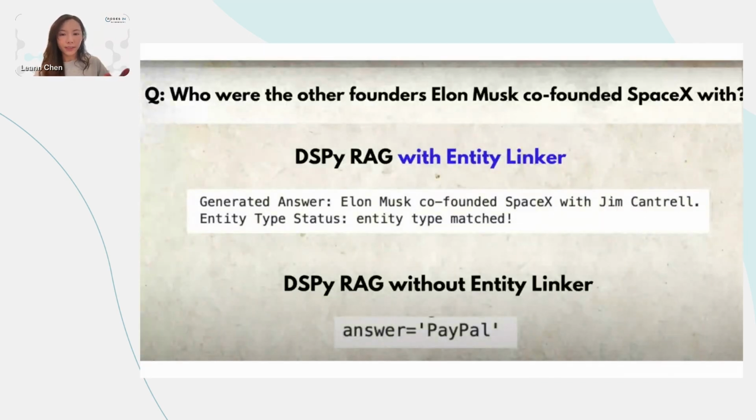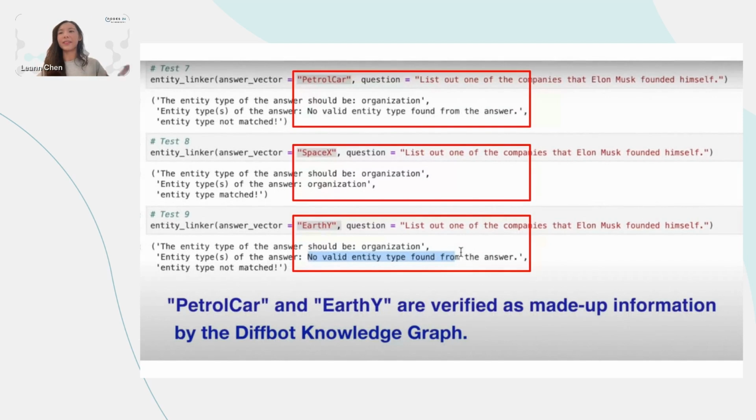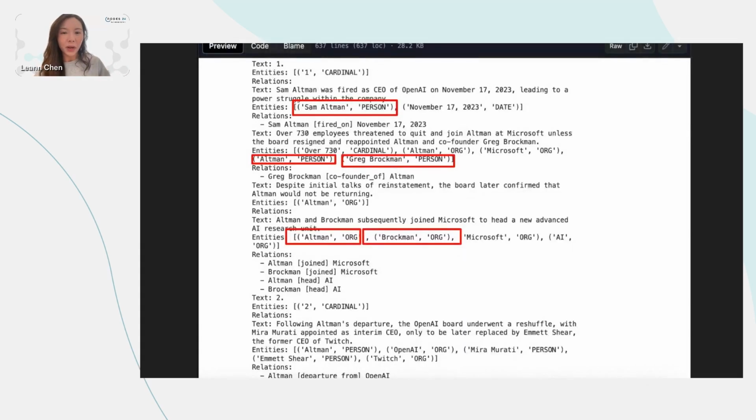There's also another thing called entity linker, which I don't think I have time to share. But here is another output I want to share, related to the previous slide. I gave GPT-4 a paragraph about when Sam Altman got fired from OpenAI, a news article, and I asked GPT-4 to extract entities.